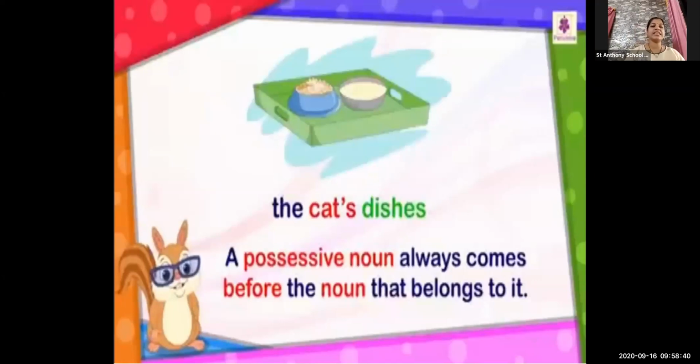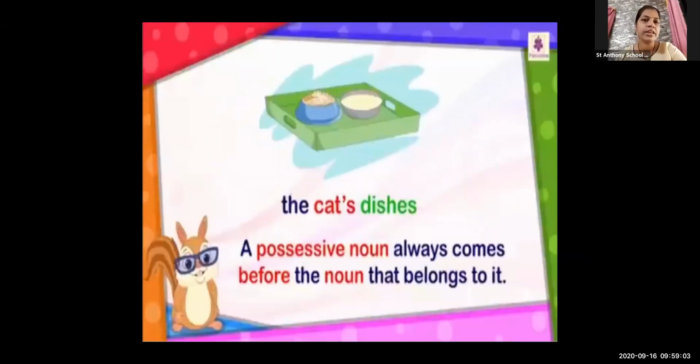Now let us see the main examples regarding the possessive noun. A possessive noun always comes before the noun that belongs to it. Here you can see dishes is also a noun, and cat is also a noun.